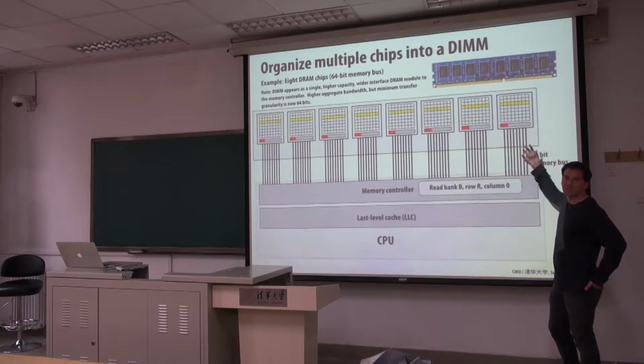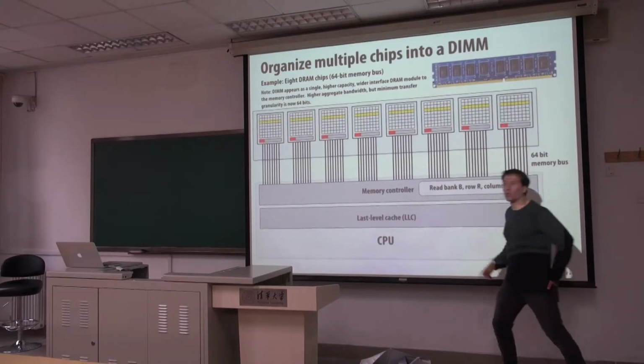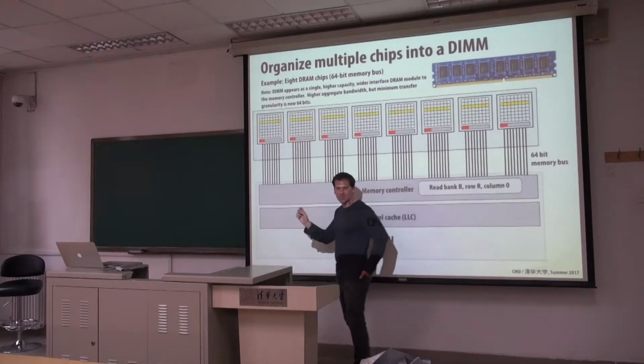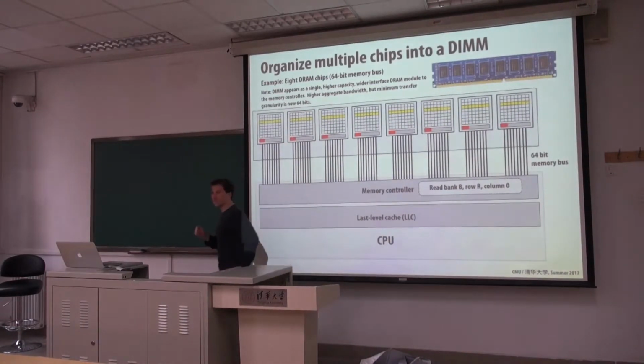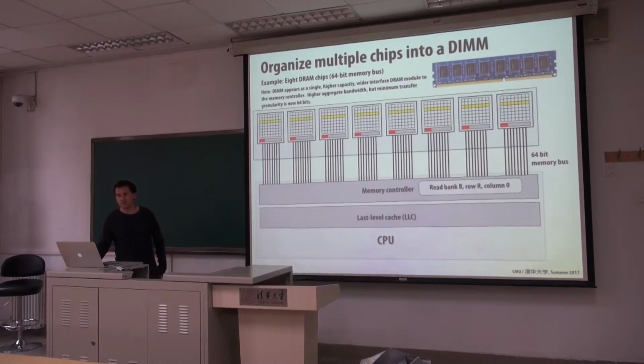So the extra chip holds 1 byte of error correction code for memory. In case any of your memory goes bad, you can detect that memory is bad and correct it. So you're going to burn 1/8 of your memory capacity in order to perform error correction. And that's very important.